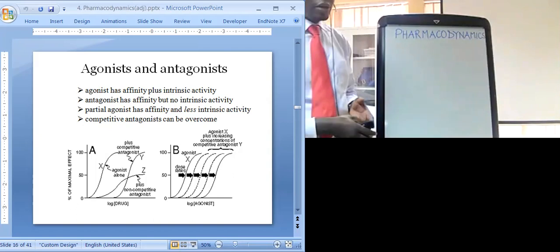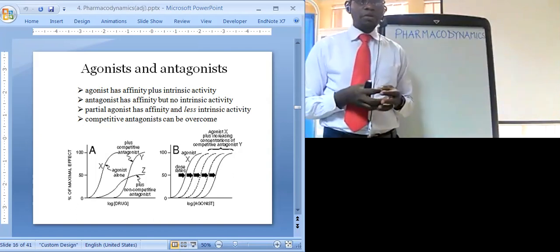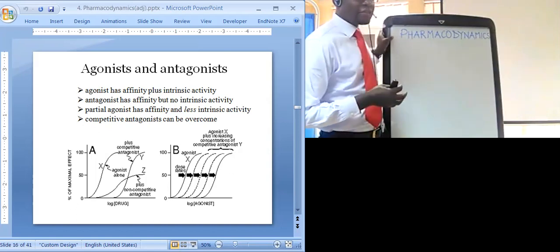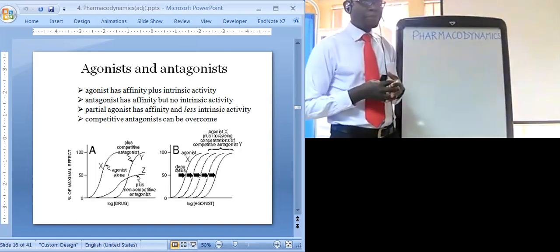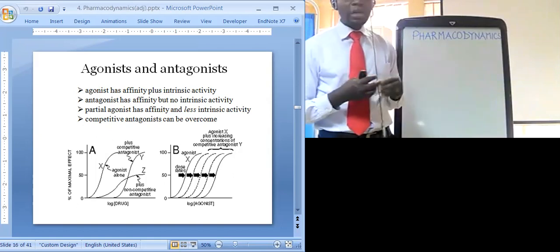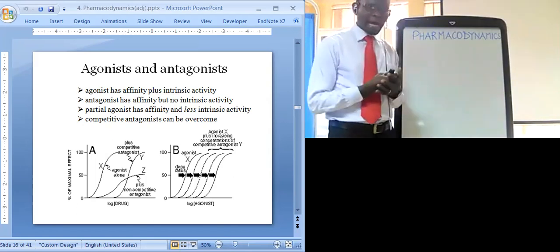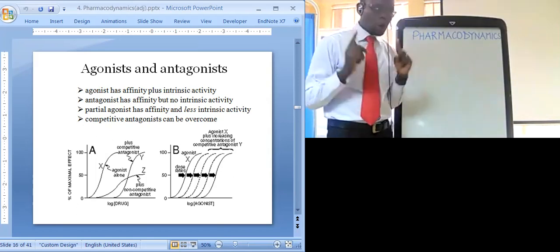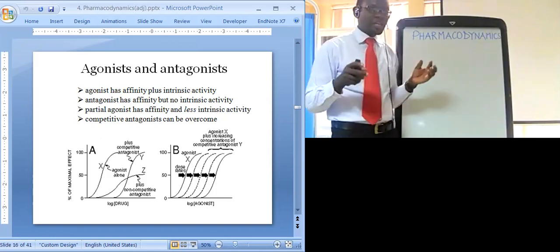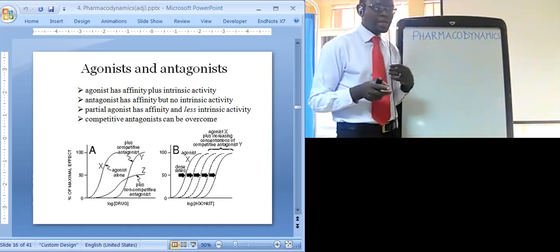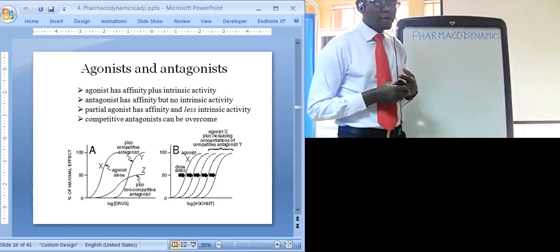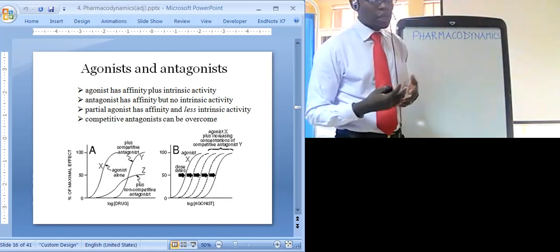And you remember what we said: if a drug has both, then it basically binds and will therefore also have an effect. An antagonist, on the other hand, has only affinity. In other words, it only binds, but it does not cause an effect. It basically just blocks the receptors, but it does not have any effect whatsoever.